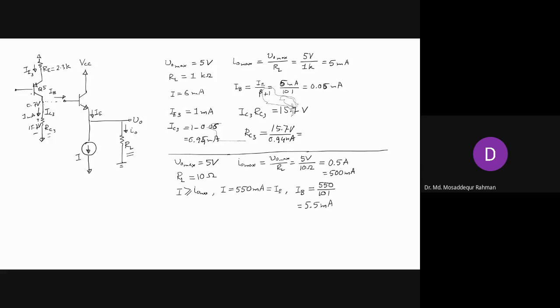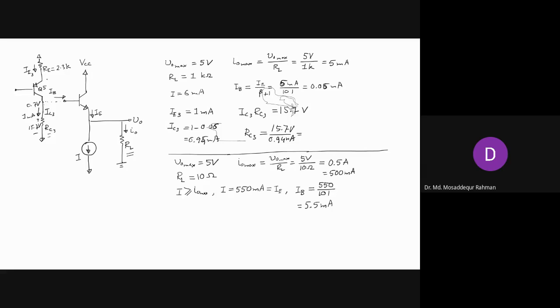Now, you can design the circuit to supply this, it needs to supply 5.5 and 1 milliampere here. So you can design this circuit so that IE is 6.5, right? You can do that, but that is not a good design, because it has so much high current.